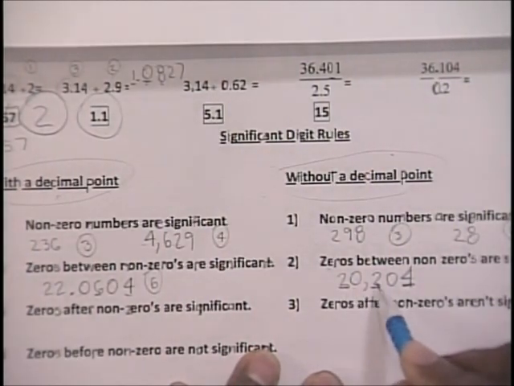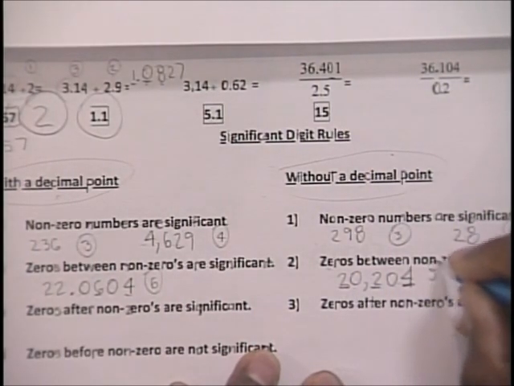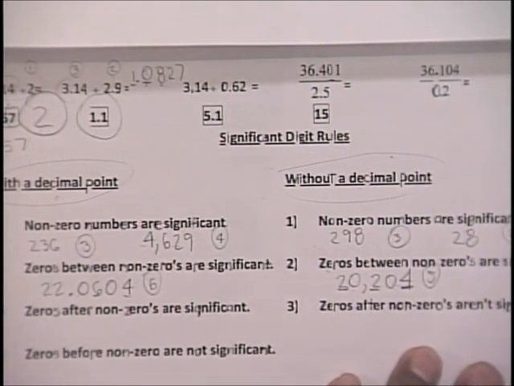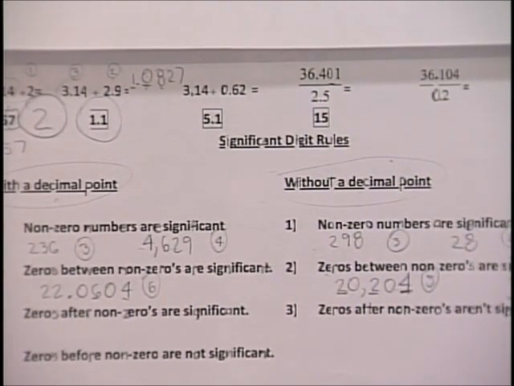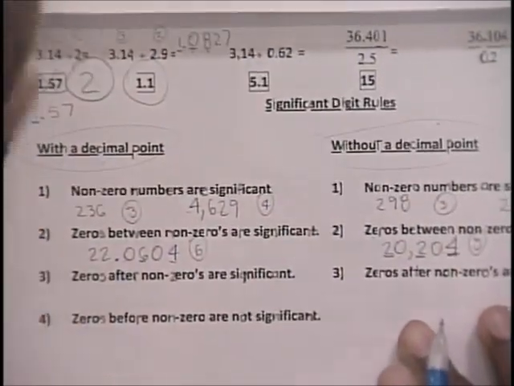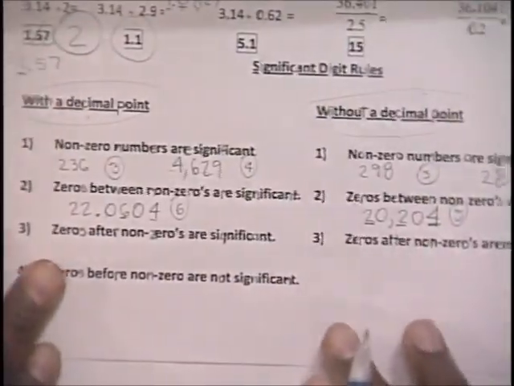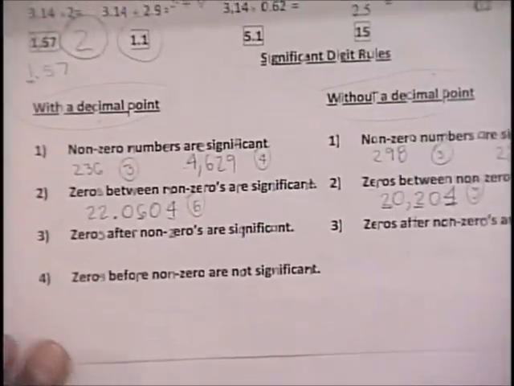So here you have 1, 2, 3, 4, 5, 5 significant digits there. And here you have a zero lodged in between 2 non-zeros, so here you have 3. We talked about all these rules last week. We're reviewing, studying for a test that we could have tomorrow.